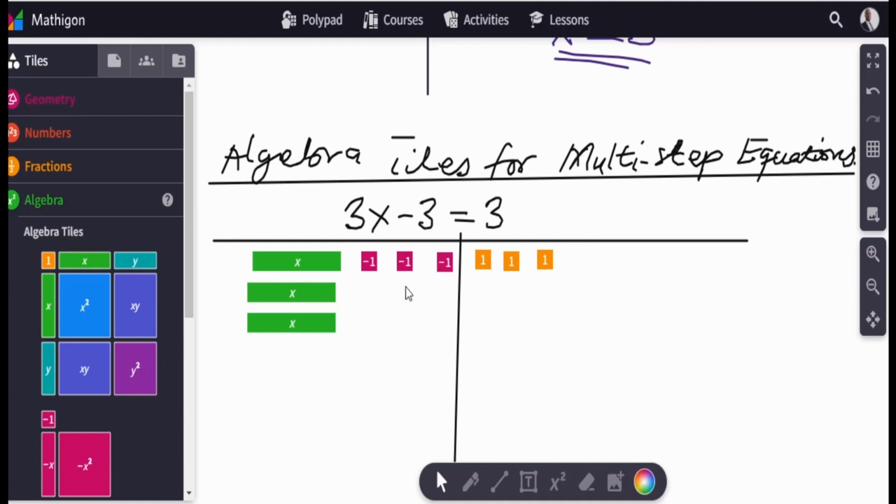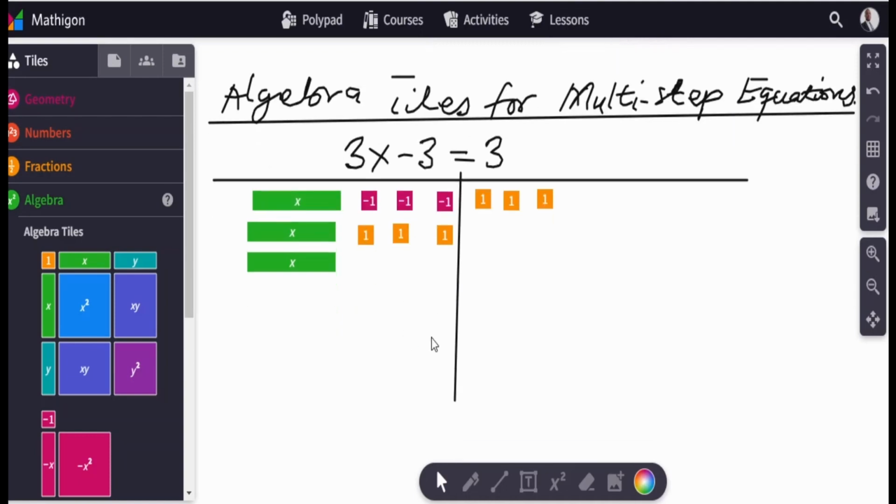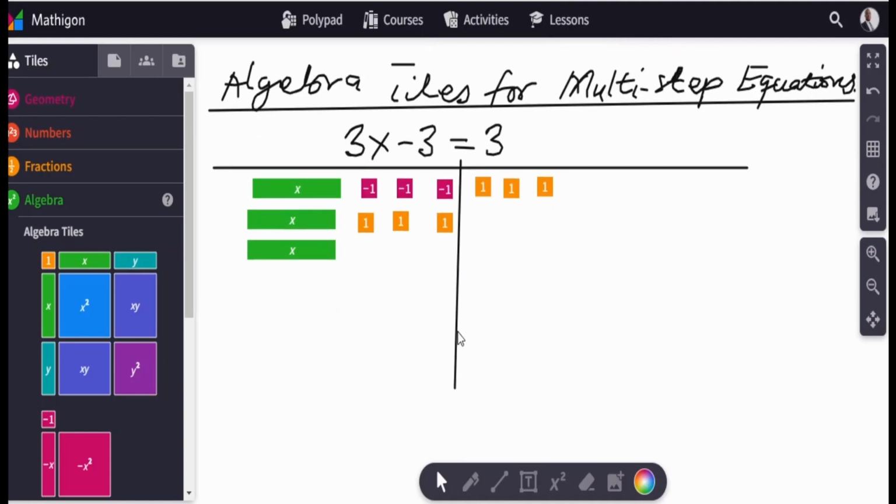We remove this negative 3 by forming a 0 pair. That is by what? Adding positive 3. Then that will move the negative 3. Right, so we bring the 3 to cancel out the negative 3. But then in balancing, whatever we do to the left side, we do the same thing to the right side, right?